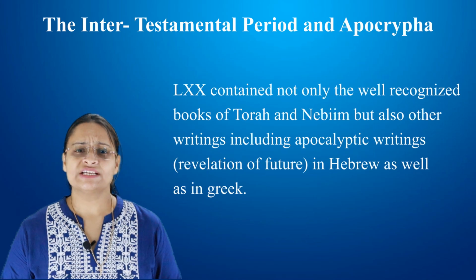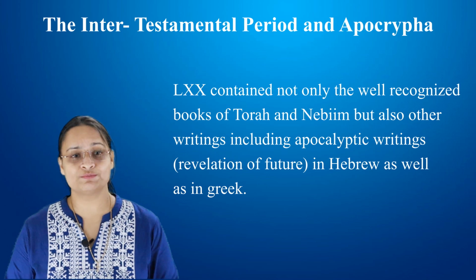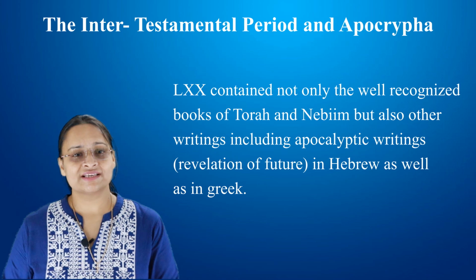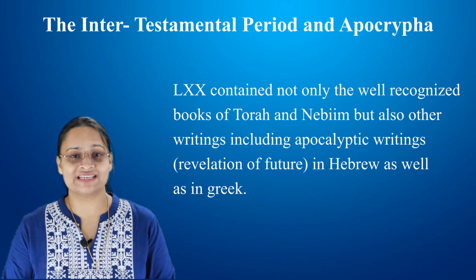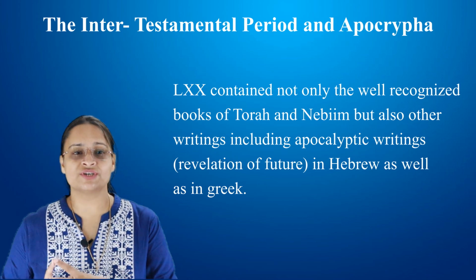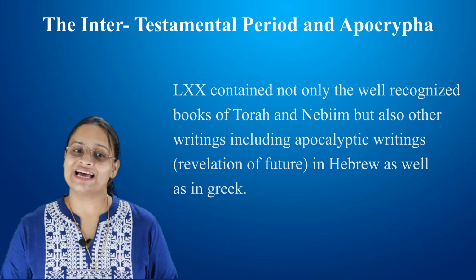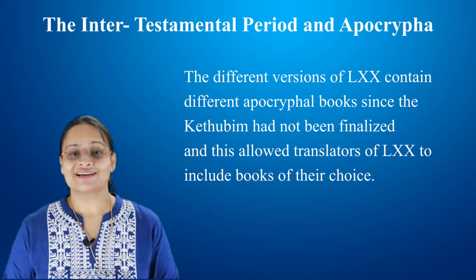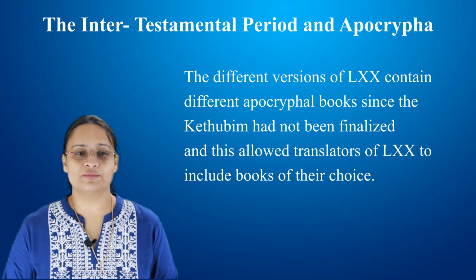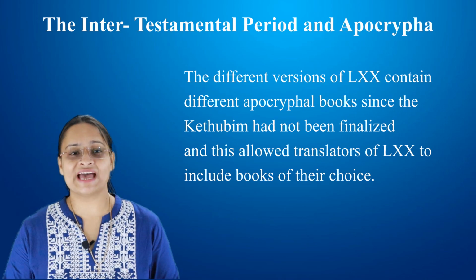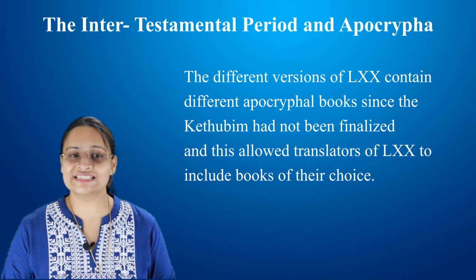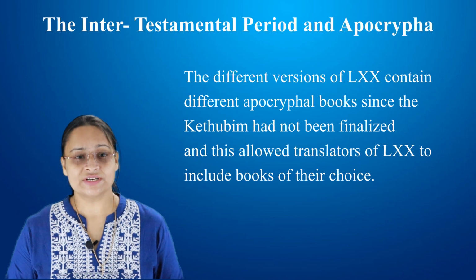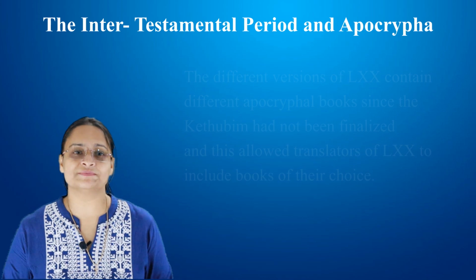LXX contained not only the well-recognized books of the Torah and Nebiim, but also other writings including the apocalyptic writings or the revelation of the future in the Hebrew as well as in Greek. The different versions of LXX contain different apocryphal books since the Ketubim had not yet been finalized, and this allowed translators of LXX to include books of their own choice.